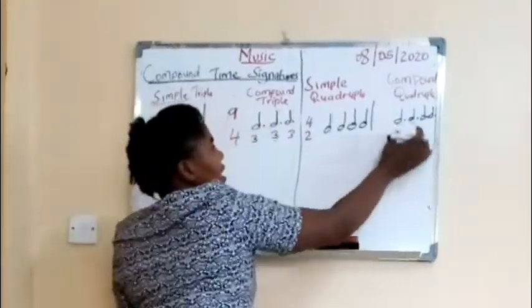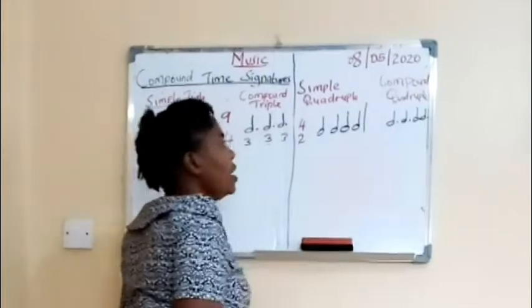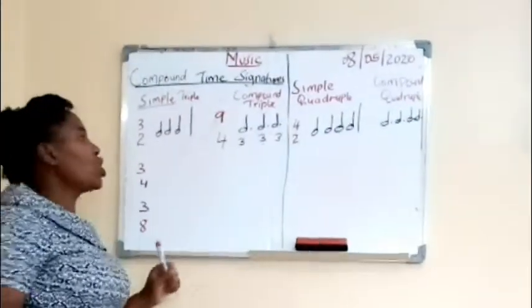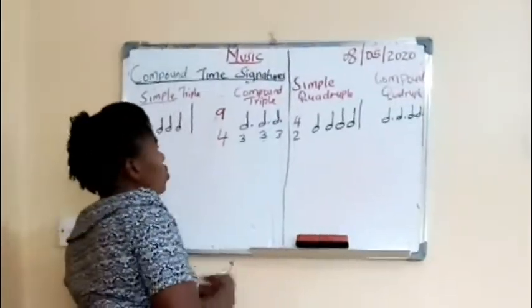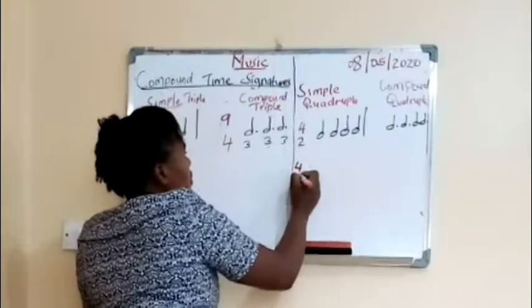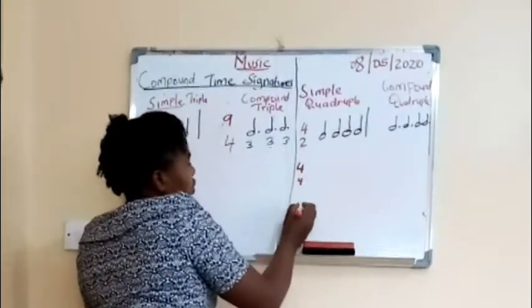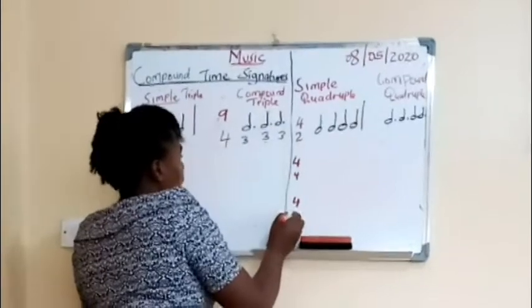So you calculate here and then you write for me the time signature. The same case you will do to 4, 4, and then you do for 4, 8.